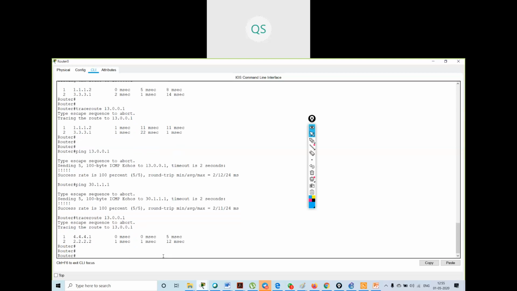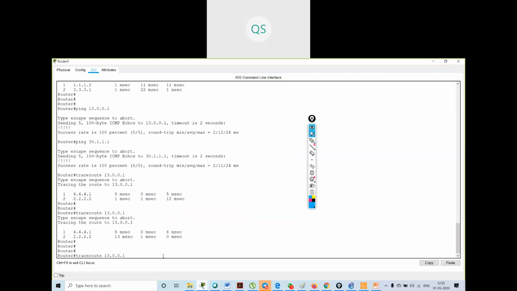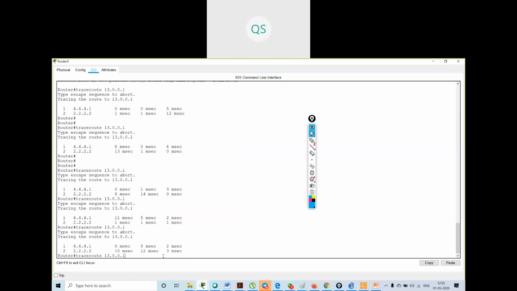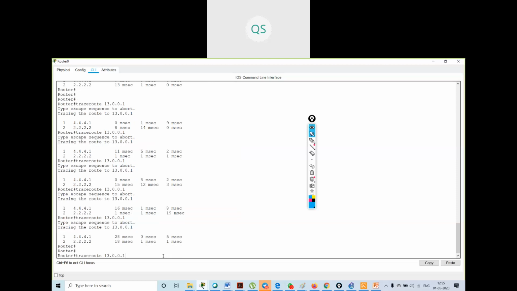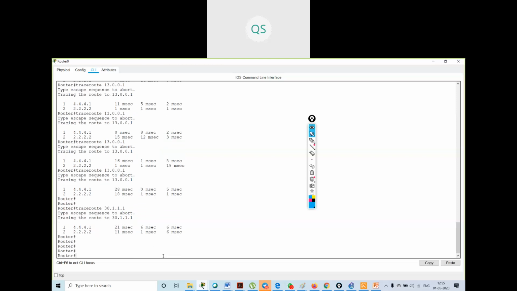You saw? It is using both the paths. For some packets it will be using the 4.0.0.0 network, and for some packets it will be using the 13.0.0.0 network. So it will be by default.